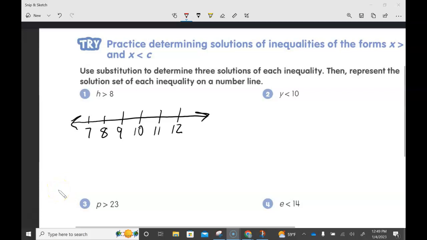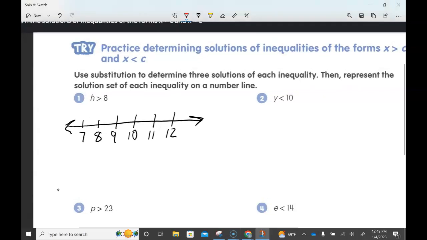Since it's just saying that h is greater than 8, not equal to or greater than, and there's not a line underneath this, we go to the 8 and we have an open circle. You have an open circle when there's not a line underneath. You have a closed circle when a line is underneath. We'll take a look at that in just a little bit. And then from here, you want to fill in your number line all the way going to the right. This represents h. We don't know what h is. All we do know is that h is greater than 8.